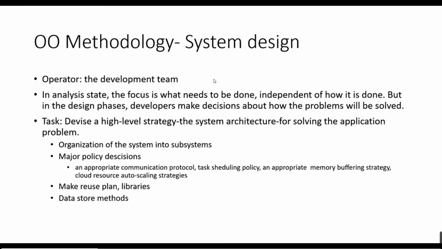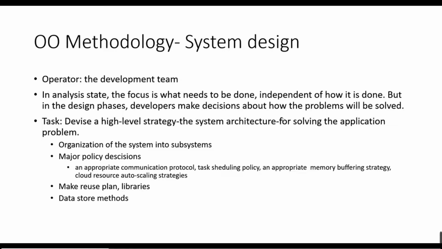And in the system design, just now we have explained the system conception and analysis. In these two stages, we only focus on what needs to be done, independent of how it is done. But in the design phase, developers make decisions about how the problems will be solved.